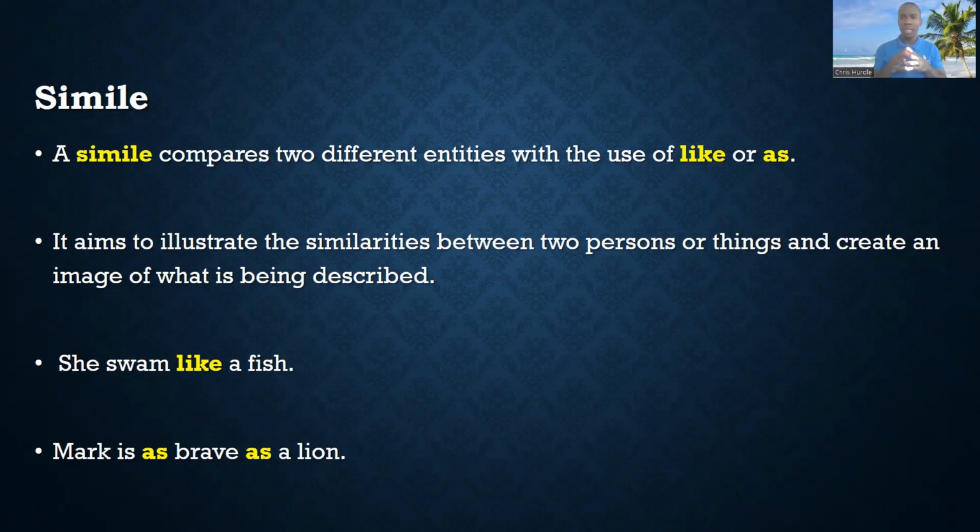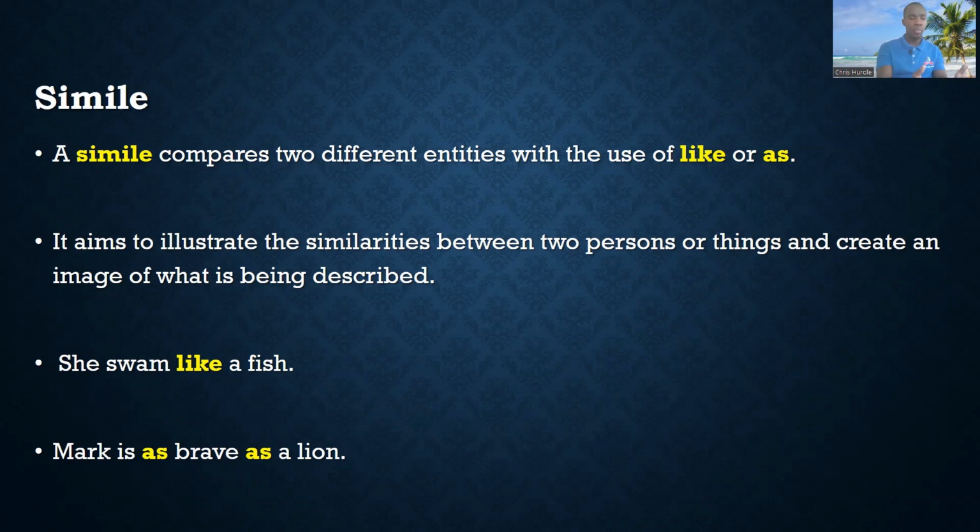So similes would be used for explanation and clarification purposes, just like a comparison. When we use similes, we want to identify the similarities between two persons or things and create an image of what is being described, right?